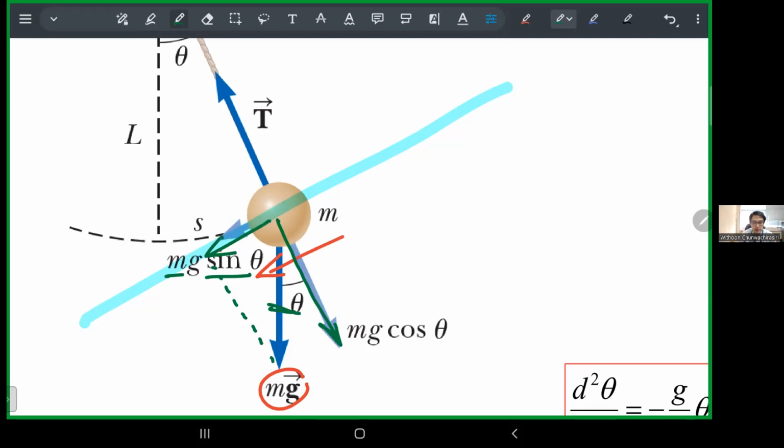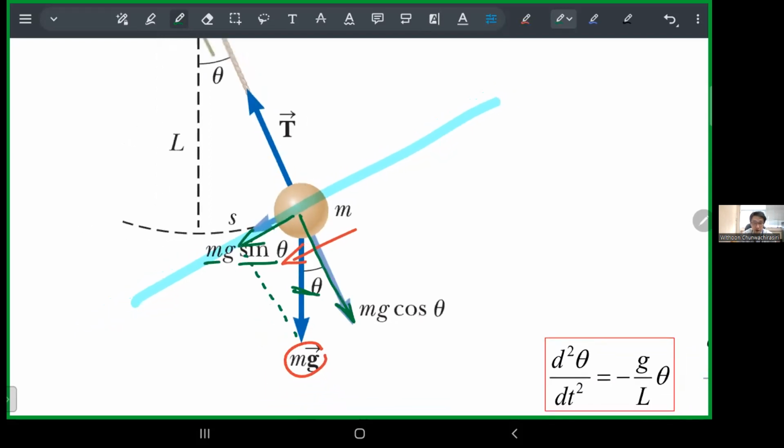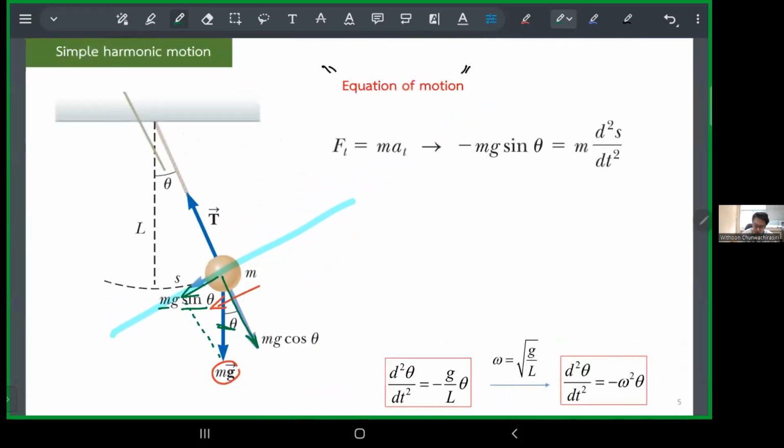Of course, the vertical direction, meaning perpendicular to the direction of motion, must have no net force. So in that case, you can say tension must be equal to mg cosine theta. All right, that's done. And then when you look at the direction of motion, sigma F is just mg sine theta.